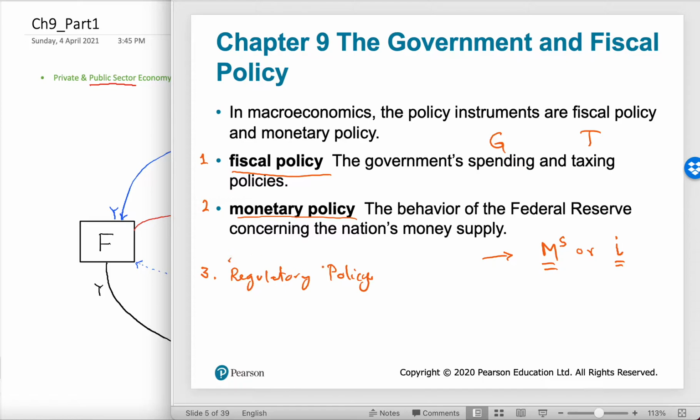Sometimes this was also called incomes policy. So fiscal policy, monetary policy, and regulatory policies are all sorts of policy actions. But in macroeconomics, our emphasis is often on the first two types.